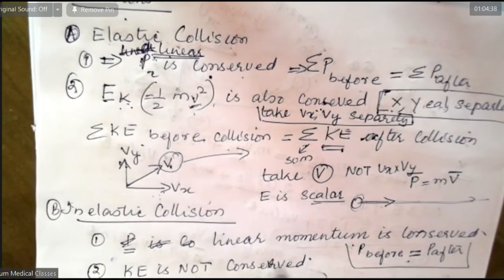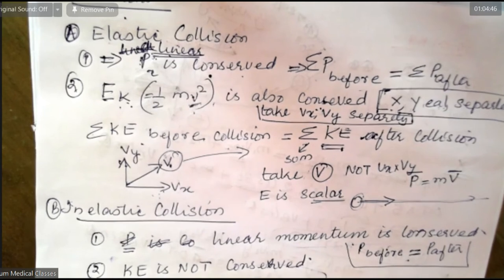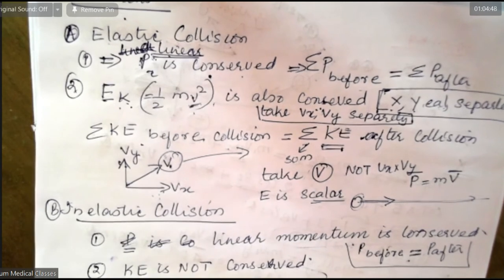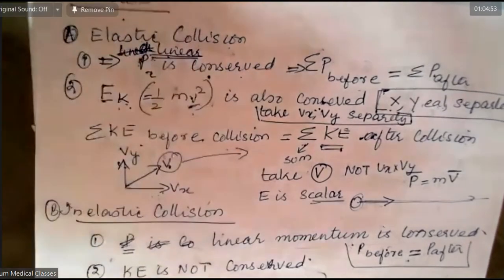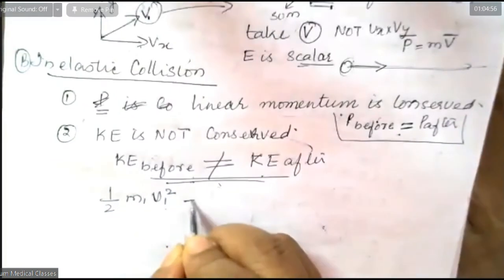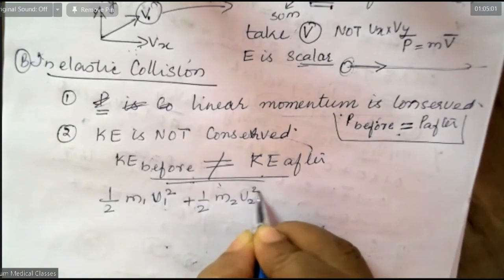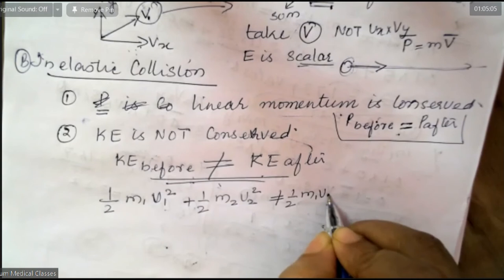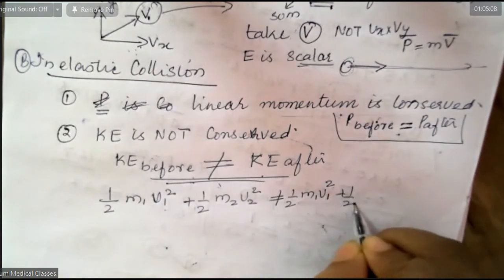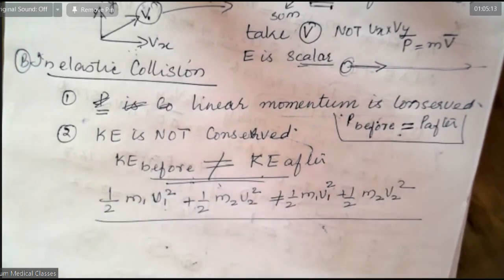For kinetic energy you take the full V value, and for momentum you take components. Now here, half M1 U1 square, no X or Y, plus half M2 U2 square is not equal to half M1 V1 square plus half M2 V2 square. This is what you mean by not conserved.